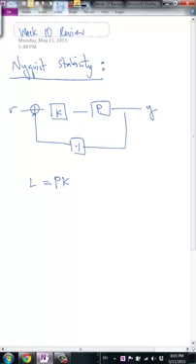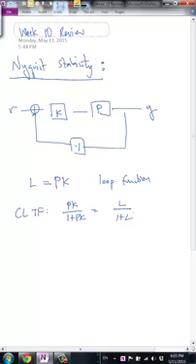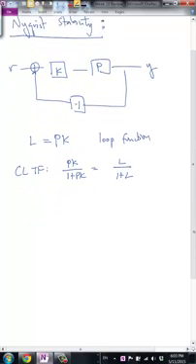It's as if we cut this feedback leading back. So this is called the loop function. And note that the closed loop transfer function, PK over 1 plus PK, is written as L over 1 plus L. Again, this is just standard notation that you'll find in pretty much any textbook.